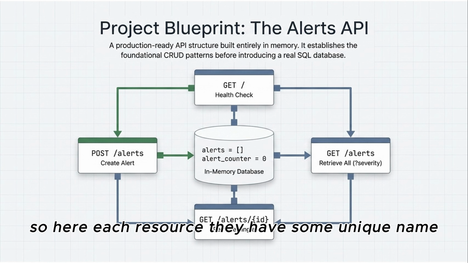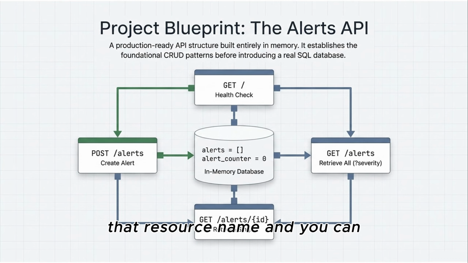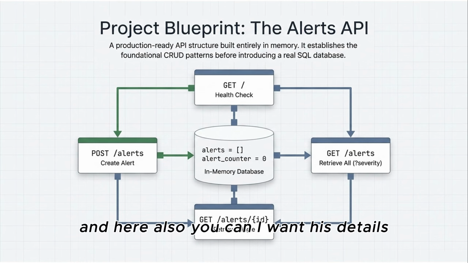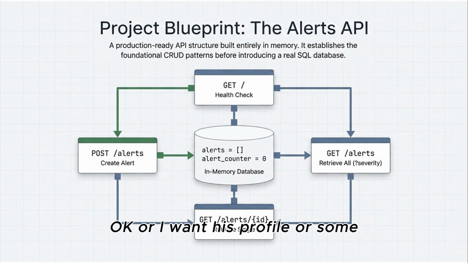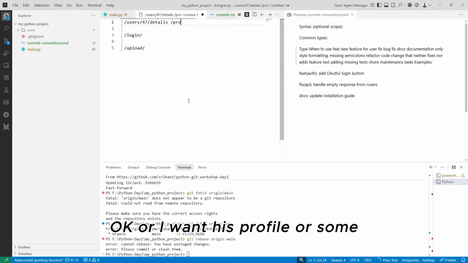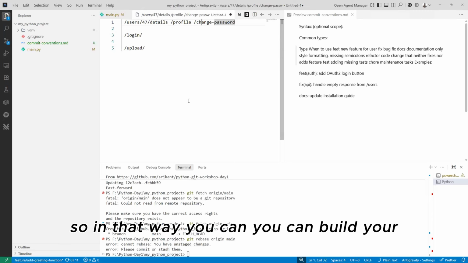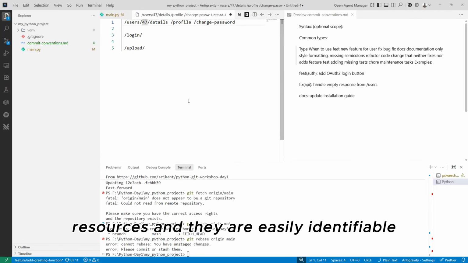Each resource has a unique name, so if I have a users resource and I want to access the user with ID 47, I can get his details, or his profile, or change his password, anything. In that way you can build your resources and they are easily identifiable.